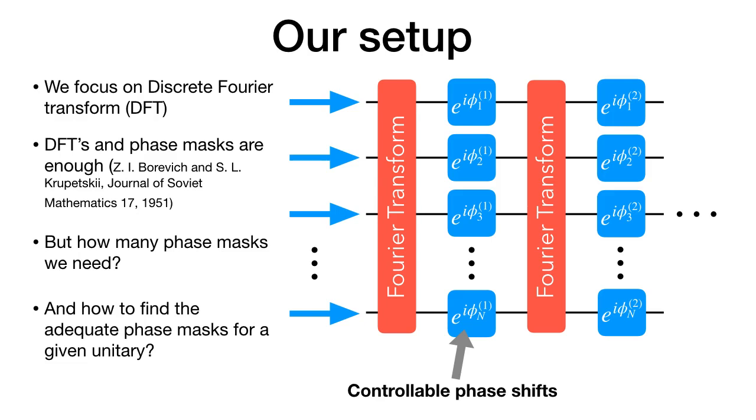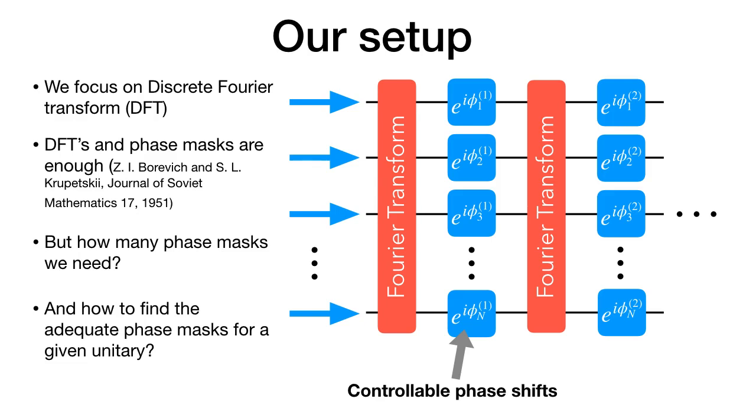So we know that such a decomposition is possible for any unitary transformation. This is a result by Borevich already from the 50s. But we would like to know if we can make an efficient decomposition. In other words, we would like to know how many phase masks we require in terms of the number of modes.